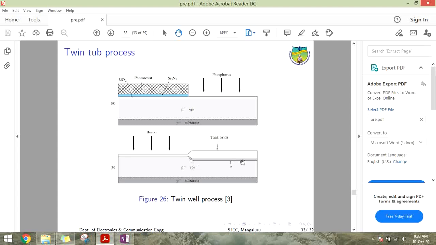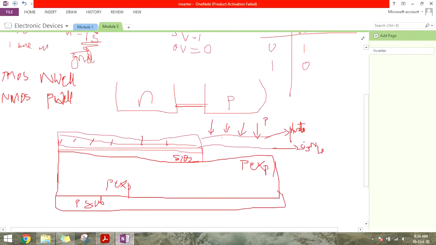Fast diffusion is used to drive the dopants deep into the substrate to form the N well. When the phosphorus dopants are diffused in this region, a N well will be formed like this. So now this is a N well. We'll remove this epitaxy.